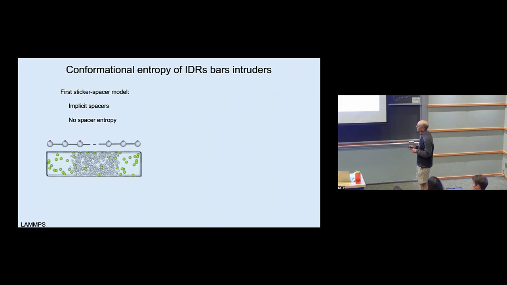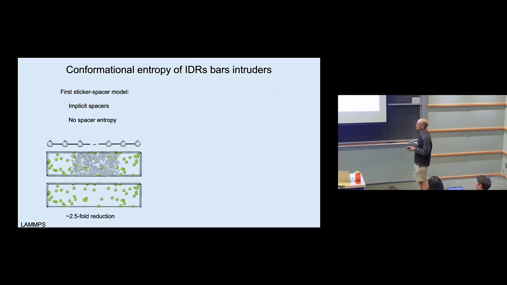And so if you take that and you throw in not only these polymers, but some neutral particles which just have repulsive interactions, you can see that there's some decrease of the amount of the neutral particles inside because there's some excluded volume, but it's not a big deal. It's like a 2.5-fold reduction. And you think about all of the possible neutral things in the cell, just reducing that concentration by 2.5 still means you've got everything in the kitchen sink inside of your condensate. So maybe you want to do better than that.